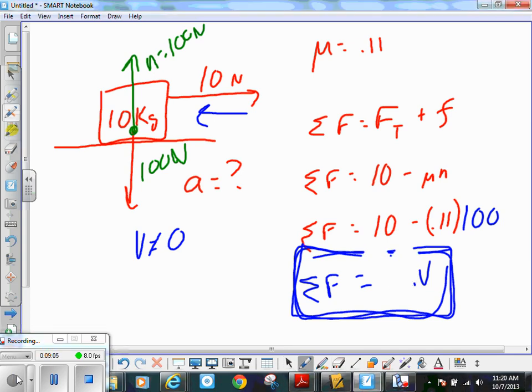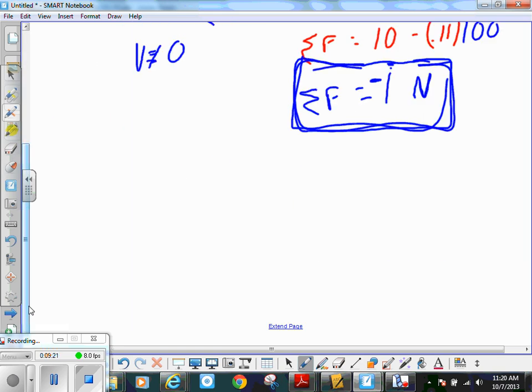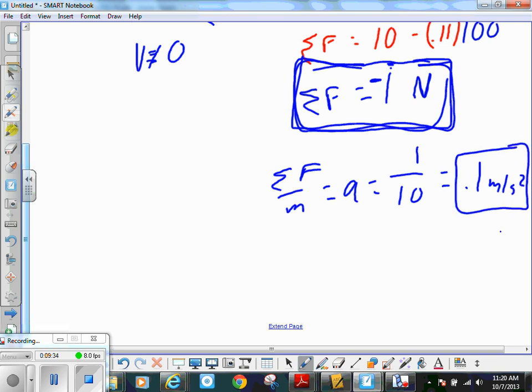It doesn't change the way we're talking about it, but the actual number is negative 1, not negative 0.1. But like I said, if it's non-zero, it's going to be accelerating in this direction, right? And to figure out the acceleration, it's the summation of forces divided by mass equals acceleration. So it's 1 divided by 10 equals 0.1 meters per second squared in the opposite direction of the tension.